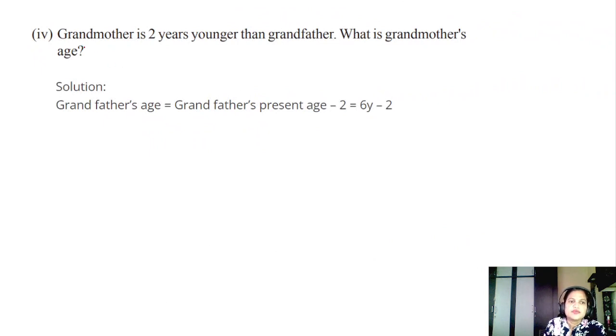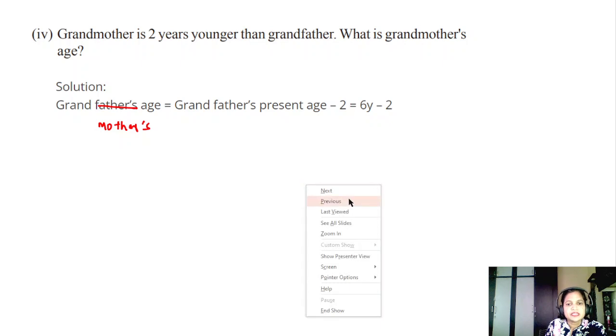Then fourth one, grandmother is 2 years younger than grandfather. Now we found out the grandfather's age. What is grandmother's age? We are finding grandmother's age, right? Grandmother's age is grandfather's present age minus 2. What is grandfather's present age?